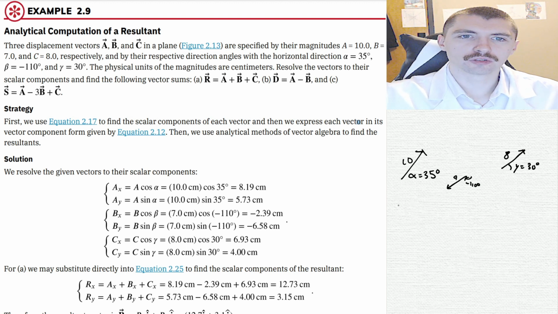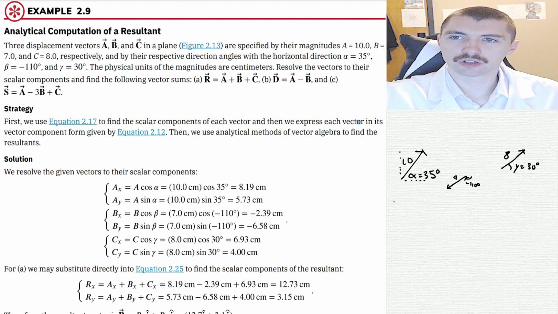So we want to know what is that. So we want to find the scalar x, y components.